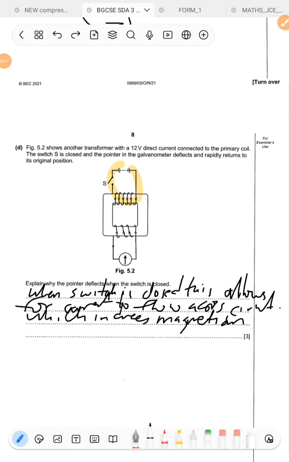As that magnetic field is being created, it's going to cut across this area here, therefore inducing an electric current on the second coil there, which is then detected by the galvanometer.